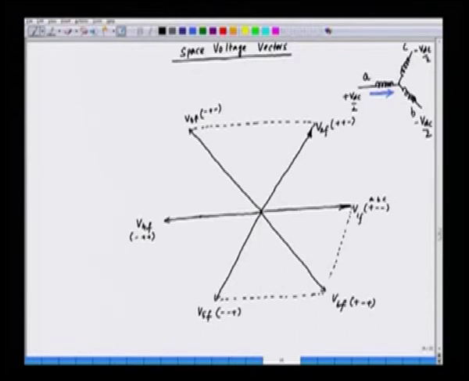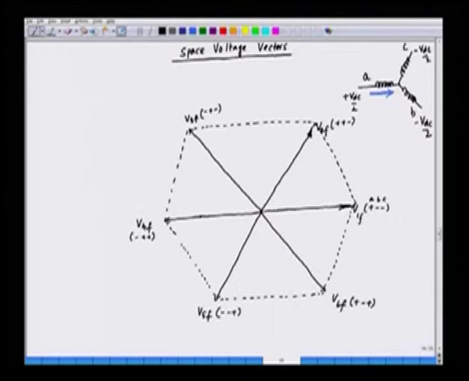So, if we join the tips of these voltage vectors, we get a regular hexagon as we have obtained in case of a 2-level inverter.